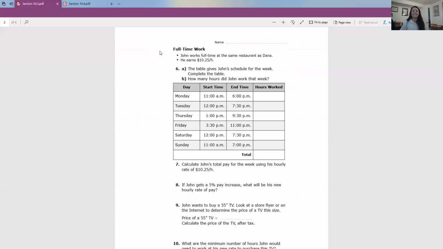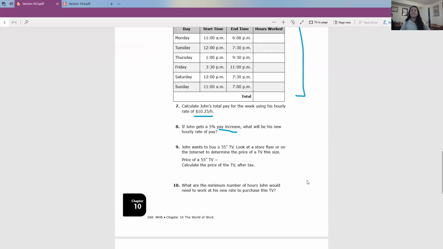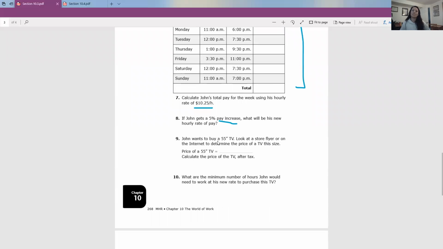And then for questions 6 to 10, you are calculating the hours worked just like we did on the earlier page. You're going to calculate his hourly amount using 1025, calculate the 5% increase just like we did, and then see if he can purchase a 55-inch TV. Okay, you can look at the store flyer for a 55-inch TV. Any website will do.